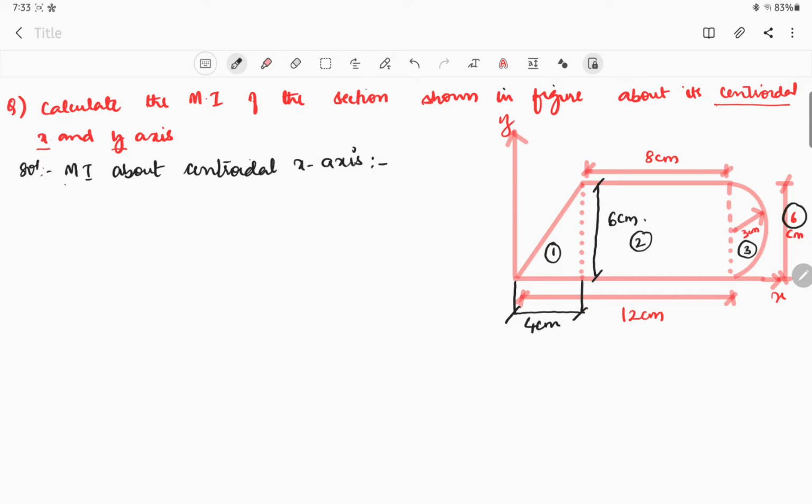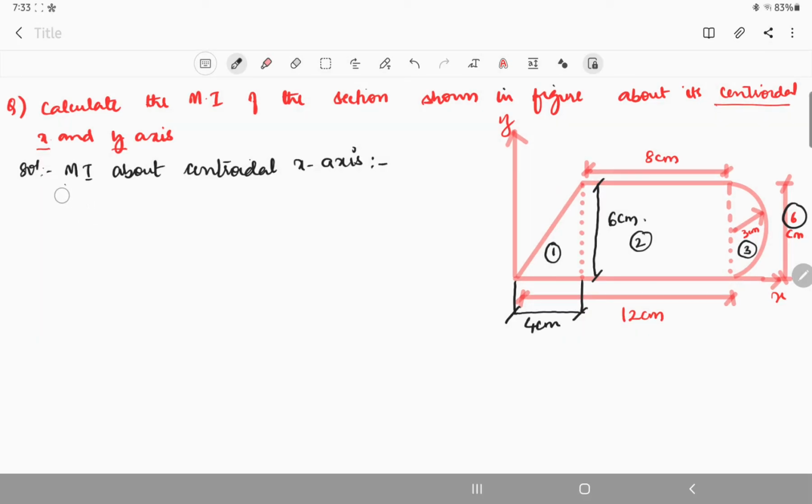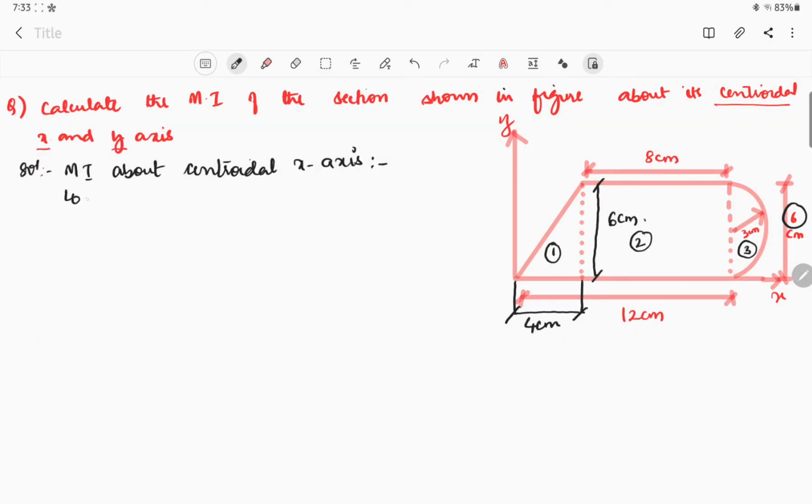Okay, so first we will calculate the areas. A1 is equal to, side heading will go like this: location of centroidal x-axis. So A1 is equal to half base into height, isn't it?